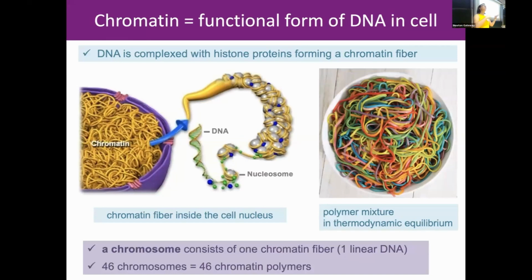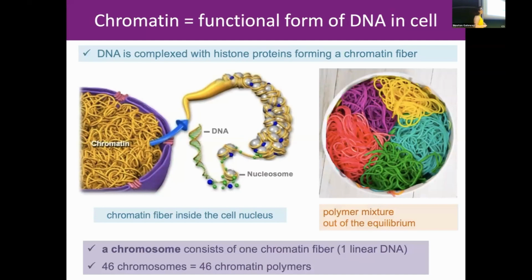This is what we physicists somewhat expect, that it will be a mixed mess. But this is in contrast to what you actually find in the cell nucleus, where these spaghettis actually sit in well-defined regions that we call chromosome territories. So this is your first sign that we are here working with a system that is not in thermodynamic equilibrium, and you'll see, even coming later, that it has many additional cues for us.